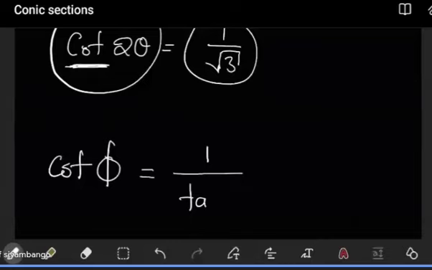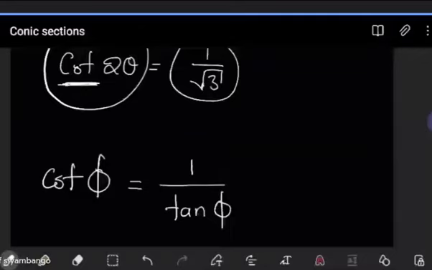So if you have, let's say, cot 60 degrees, cot 60 degrees is the same as 1 over tan 60 degrees. This is how they relate. It's similar to how, let's say, sec. Do you guys know which one relates to sec?